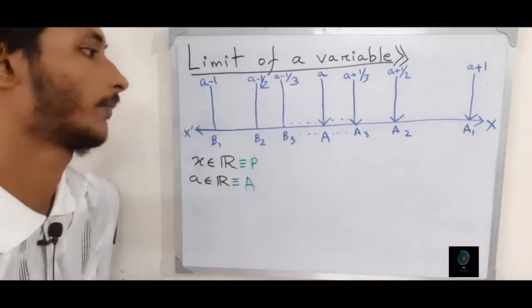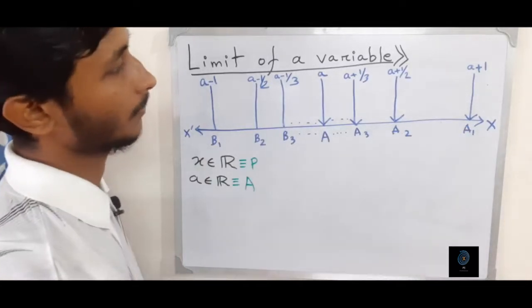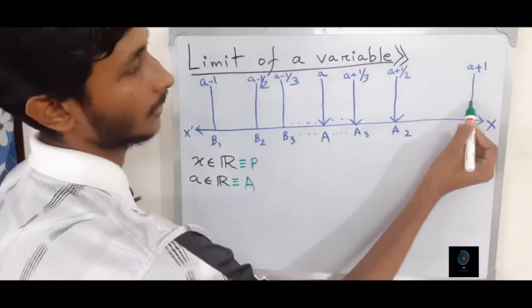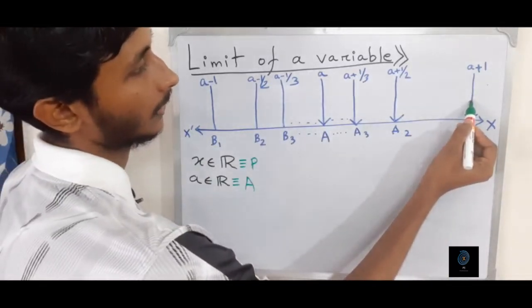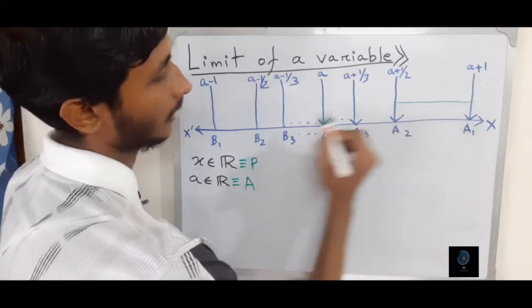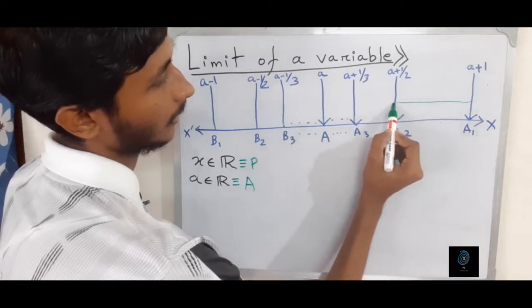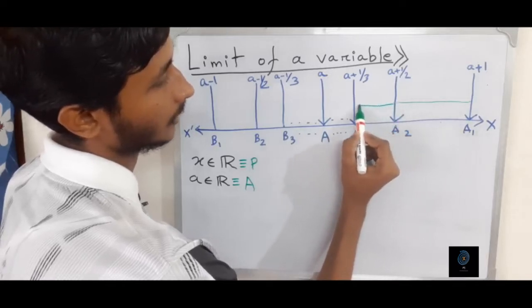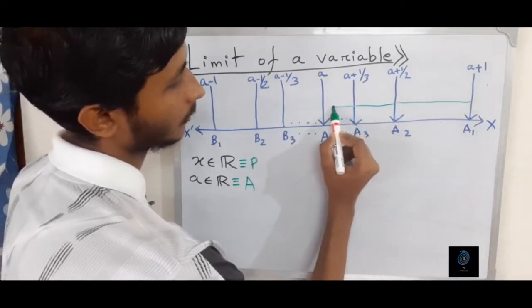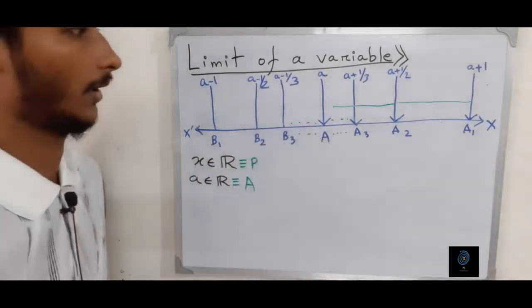Now if P starts from here, taking the value a plus 1, and approaches this point a like this, it crosses A2, it crosses the point A3 and comes closer and closer to this point a, but never touches the point a.